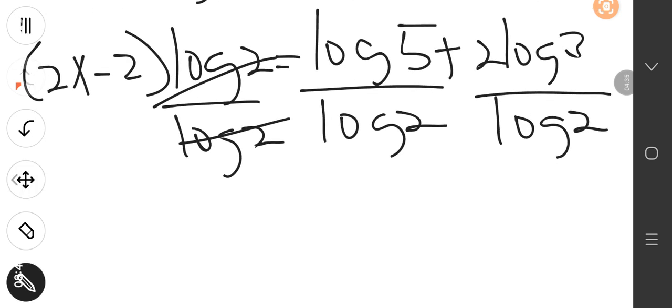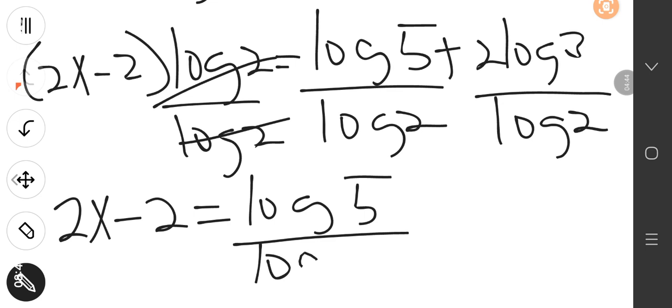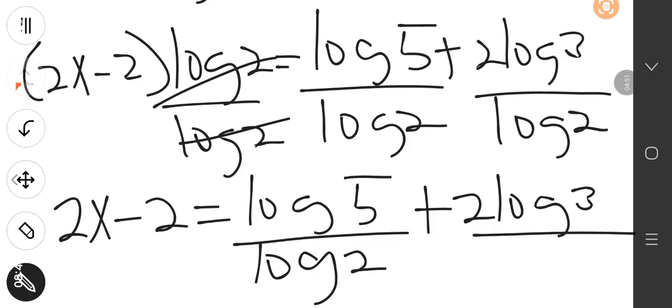So our equation becomes 2x minus 2 equals log 5 over log 2 plus 2 log 3 over log 2.